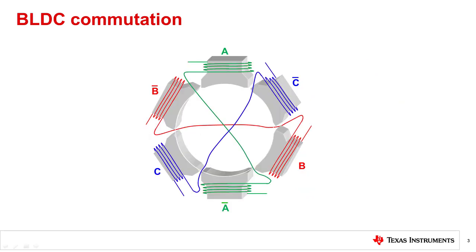BLDCs are three-phase motors with three input connections to the phases labeled A, B, and C. The diagram on screen shows the three motor phases wound as coils on the stator to act as electromagnets when current is injected into them. For every motor phase coil, such as phase A coil, there is an inverse phase A coil across from it wound in the opposite way, which induces an opposite electromagnetic polarity.